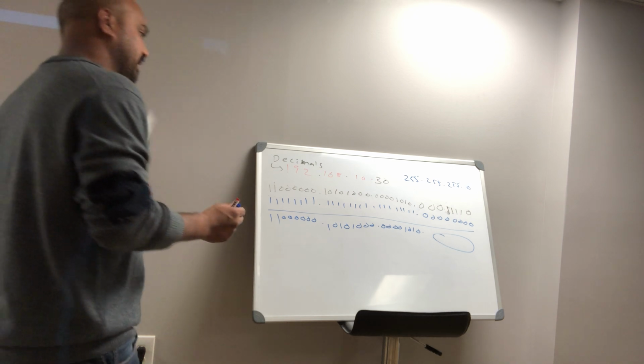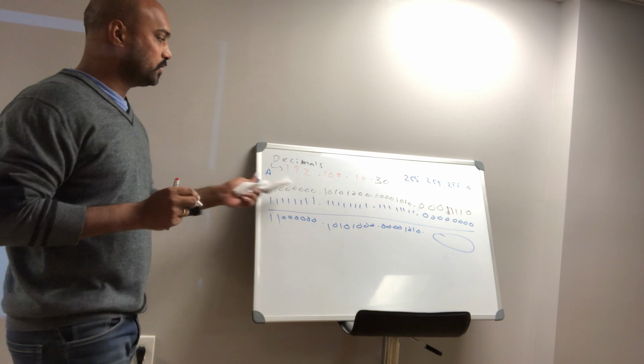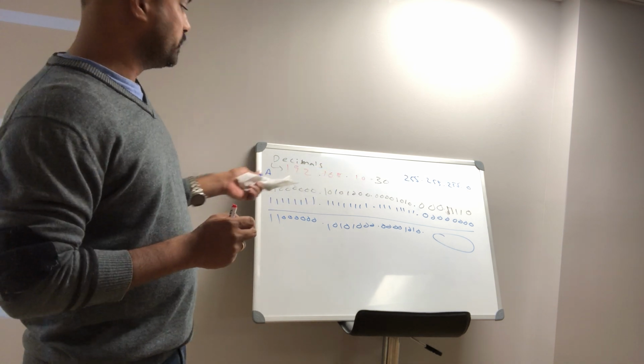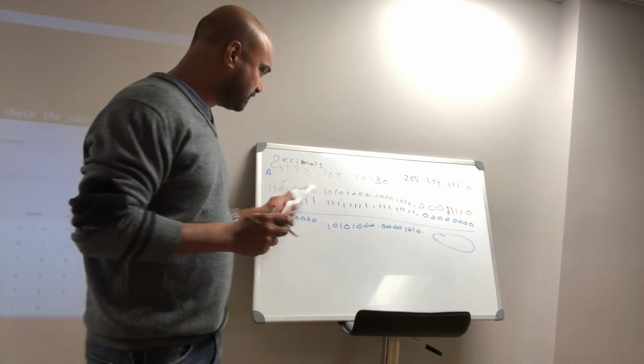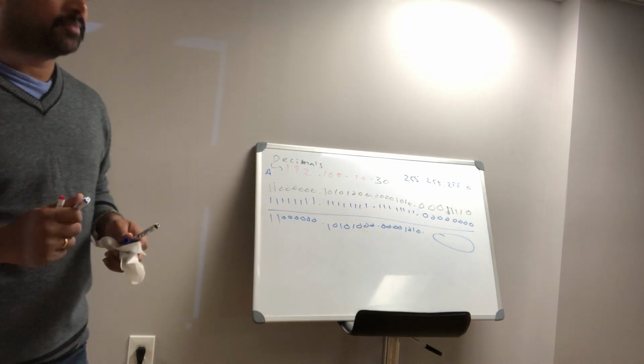Okay. So we have a device called A, which has an IP address of 192.168.10.30. When we do ipconfig, we also get the subnet mask as this. Good. And that device is that laptop, let's say.